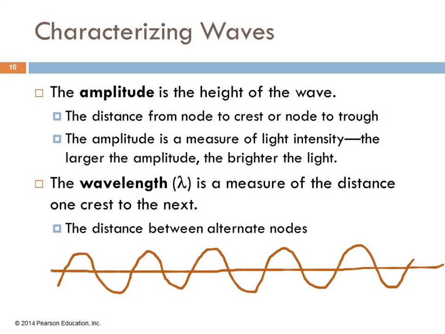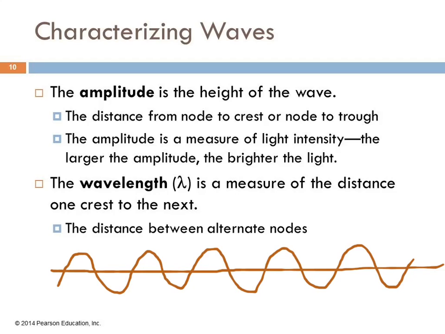It's the distance between the node and a crest or the node and the trough. So it's the height of a wave. And that measures the intensity of the electromagnetic radiation. So if we're talking about visible light, the larger the amplitude, the brighter the light that we perceive.